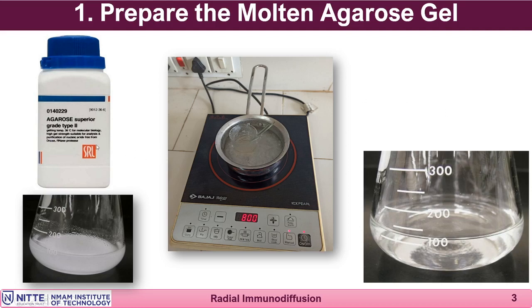Initially, you take the required quantity of agarose, that is 2% agarose, and that 2% agarose should be taken in suitable quantity of the buffer, and then that has to be heated on a hot plate at a very low heat. If it is a stove, you heat it at a very low heat.